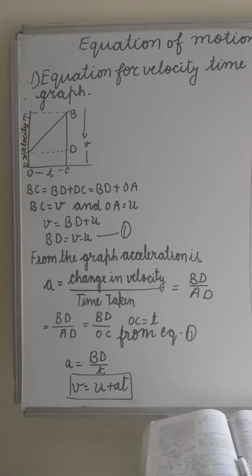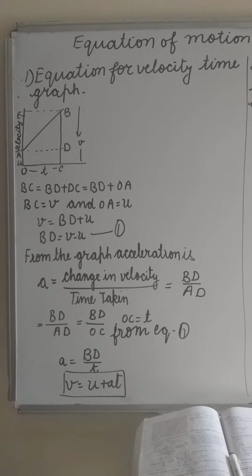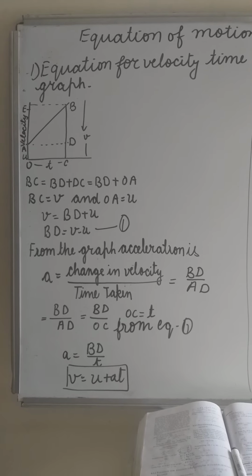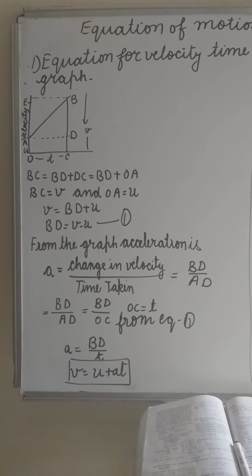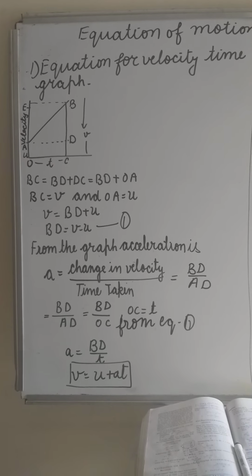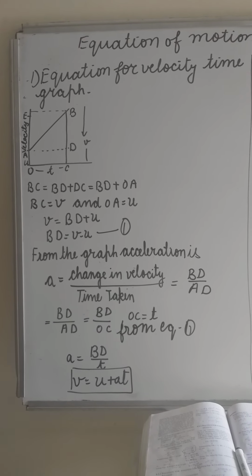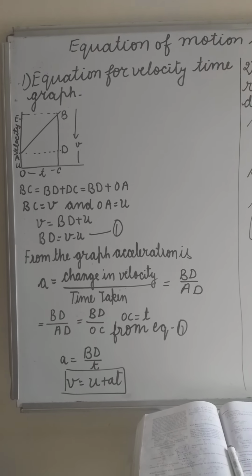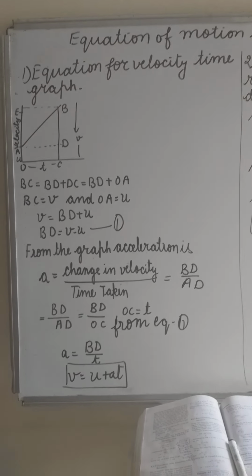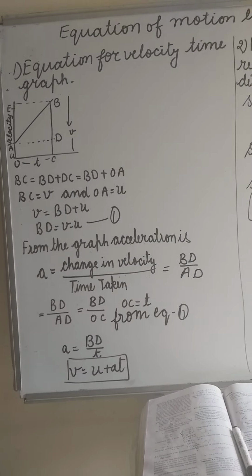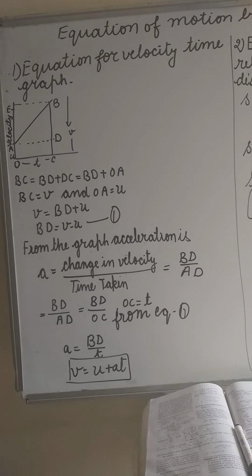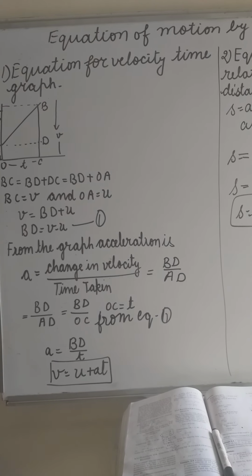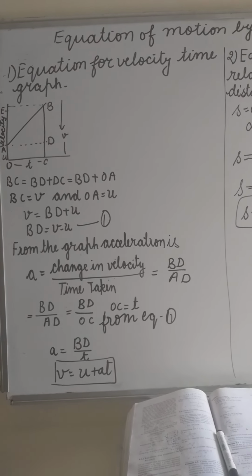Now see again the equation for the velocity time graph. Velocity is OE and time is OC. So BC is equal to BD plus DC, and what can we write instead of DC? OA. So BD plus OA. Now BC is equal to V, and OA is equal to U. So V is equal to BD plus U. And what is the acceleration?